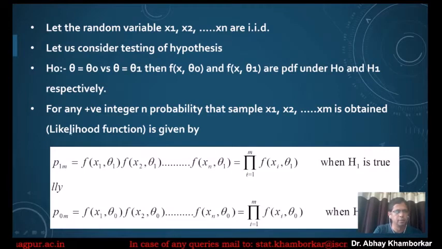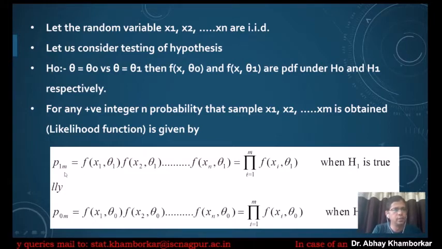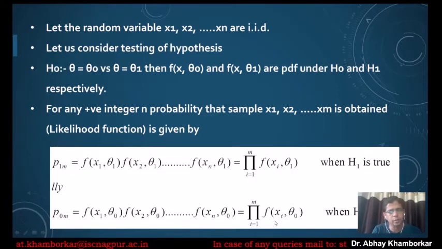Suppose the likelihood function is denoted by p1m, that is f(x1, theta1) times f(x2, theta1) and so on up to f(xm, theta1). That means I am talking about the likelihood function under H1, so when H1 is true, this will be the likelihood function of the given random variables. Similarly, p0m is the likelihood function when H0 is true. So p1m is there, p0m is there.